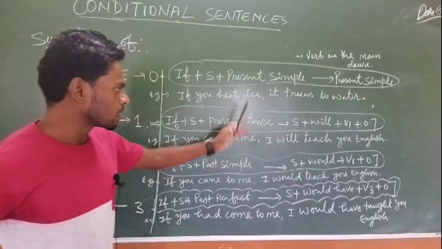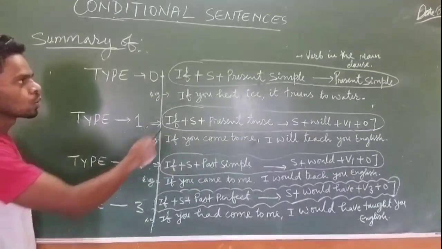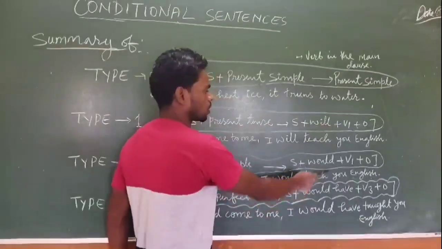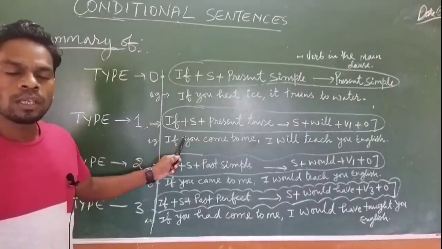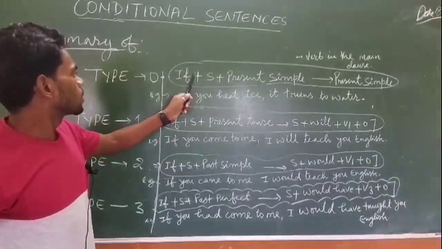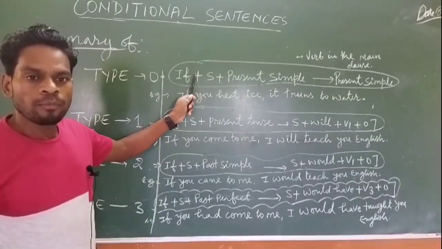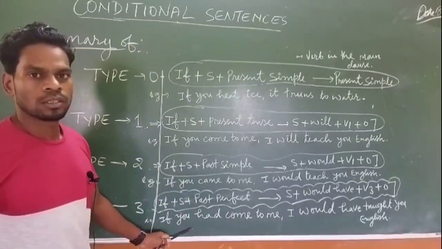And if you do other things, let us say type 1 is there and you are mixing it with type 2, the other side of the verb, or the verb in the main clause you are mixing, then the particular structure of the sentence will be wrong. So you have to remember this pattern, and you have to also know which type of conditional sentence these are.